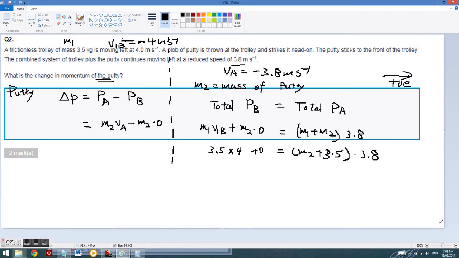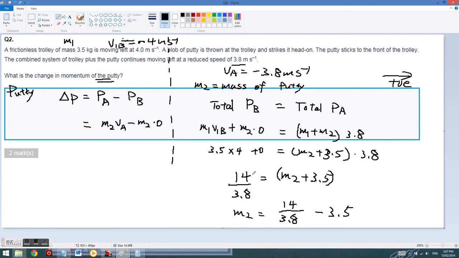Now again we need to use calculators, so that's 14 equals M2 plus 3.5 times 3.8. Just do the math there. You don't have to do it like this. It is always good to use a calculator to find out the value, but I just do it so I don't have to use a calculator right now. So what's happening is you type this in your calculator, you get M2. Then we put M2 here.